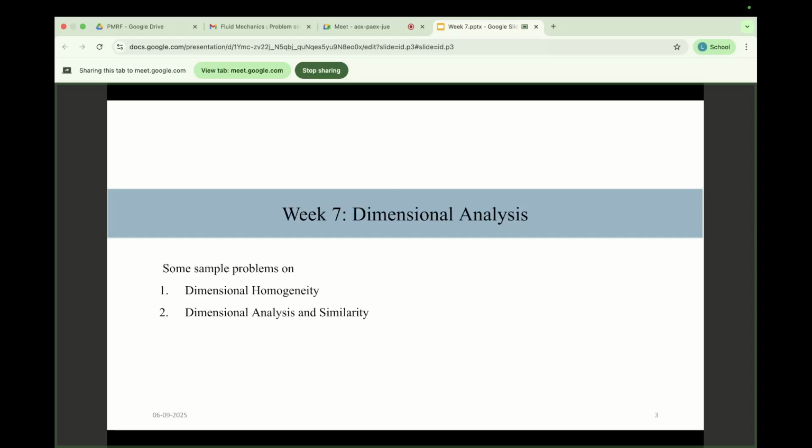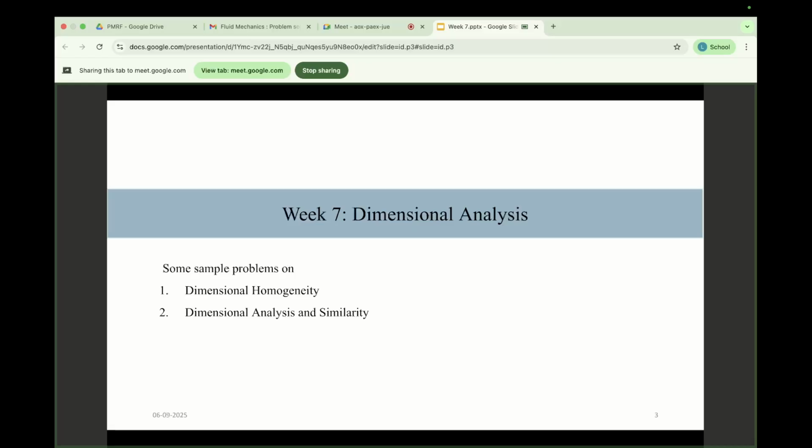We will deal with some problems in this session, on dimensional homogeneity, on dimensional analysis and similarity, and where and how to use this approach. That is the main fundamental of today's live interactive session.